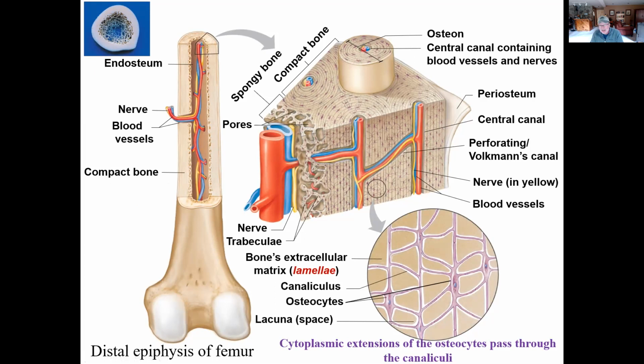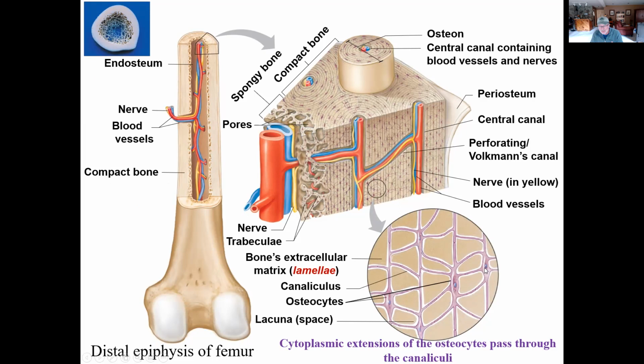And extending through the lamellae are these small, minute tubes called canaliculi. Within each canaliculus are cytoplasmic extensions of the bone cells, which we can see here. So here's an osteocyte, here's an osteocyte, here's an osteocyte. And it's through those little canaliculi that extensions of the cytoplasm of the bone cell are found.